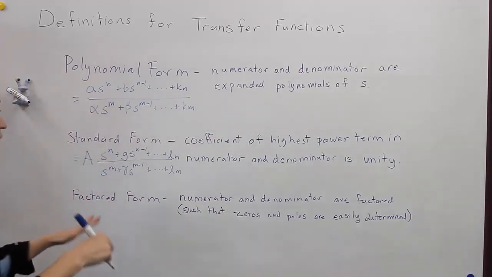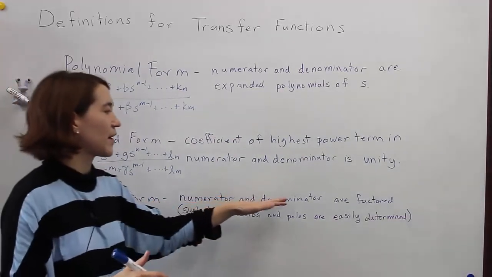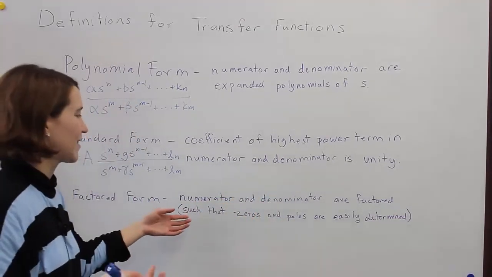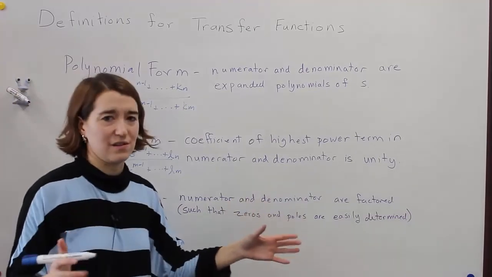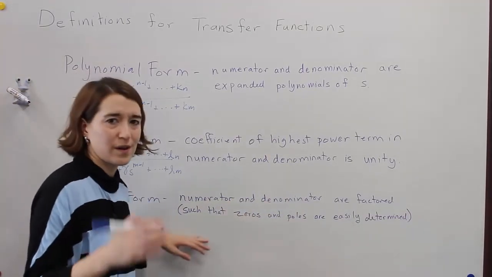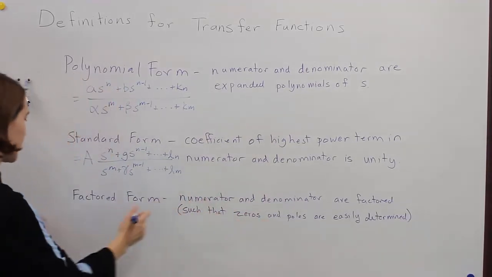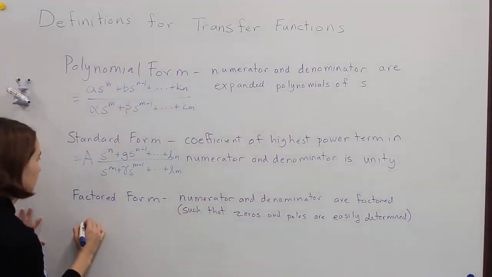And then the last one, factored form, is where the numerator and denominator are factored, I guess in terms of s, such that the zeros and poles are easily determined. This is for our future section where we're looking at zeros and poles. The general form can be written like this.